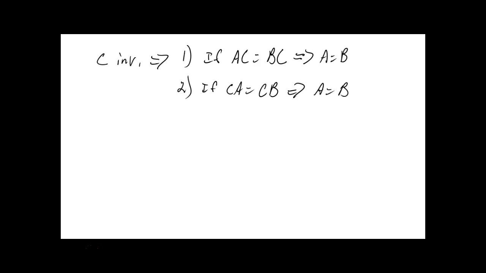Be sure to remember that Theorem 2.10 can be applied only when C is an invertible matrix. If C is not invertible, the cancellation is usually not valid. For instance, example 5, we did a couple pages ago, last time.